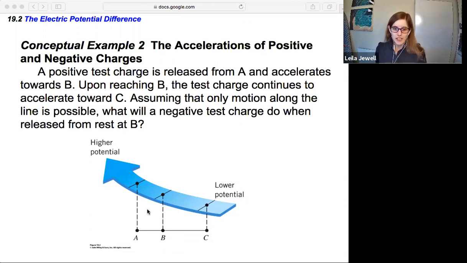So if we find out that the positive test charge is accelerating towards C, we know the negative test charge is going to do the opposite. It's going to want to accelerate towards A if it's released from rest at B, because negatives do the exact opposite. And this gives us a general rule as we're approaching these scenarios.